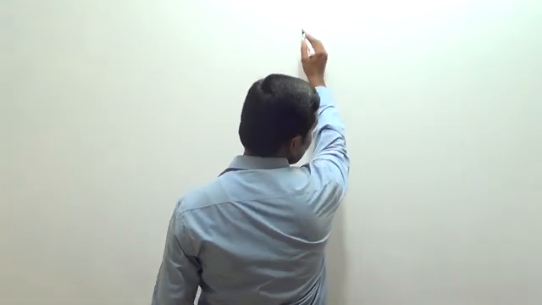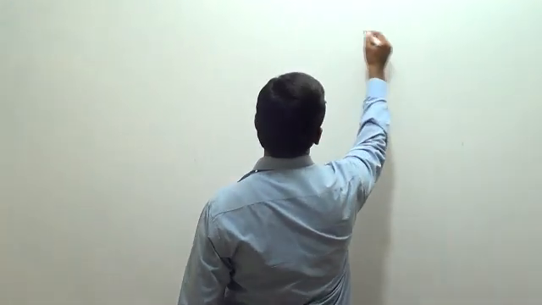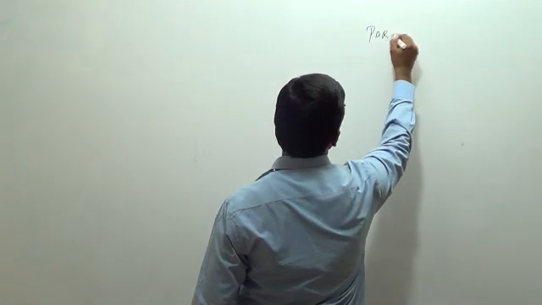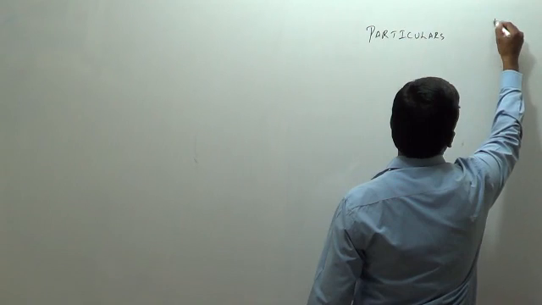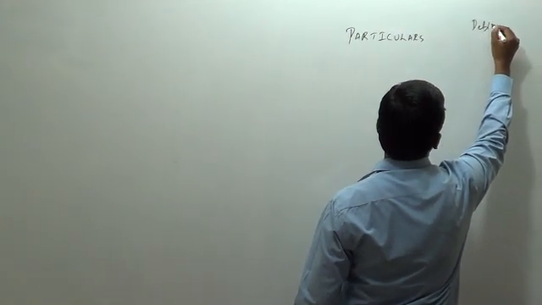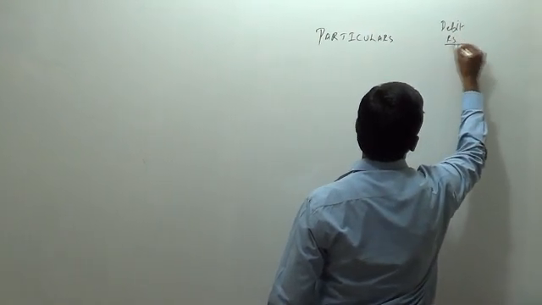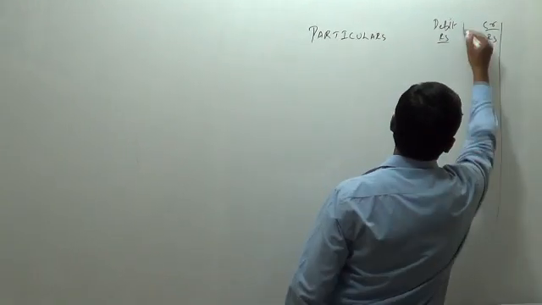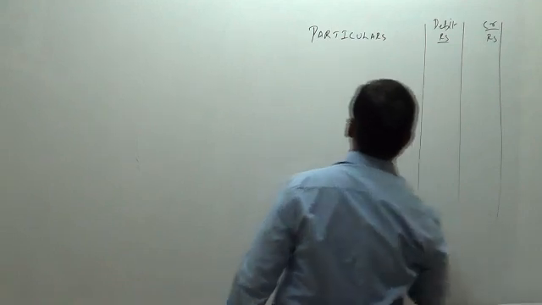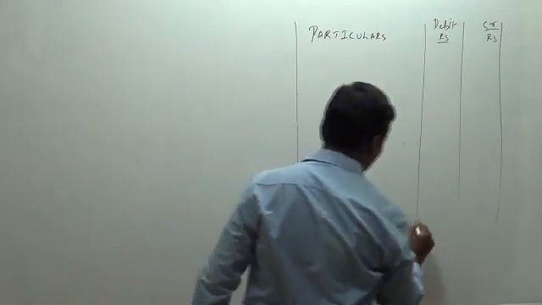The format of a trial balance is very simple. Particulars, debit rupees, credit rupees. So it's a 3-column table.